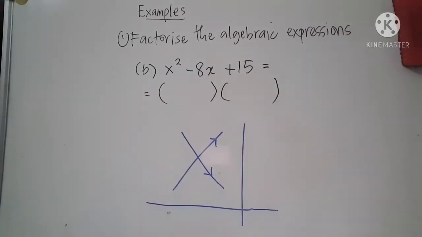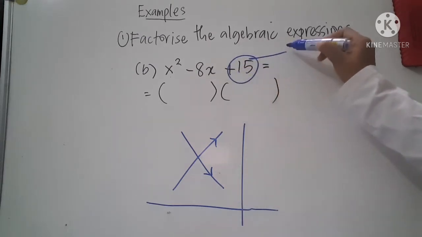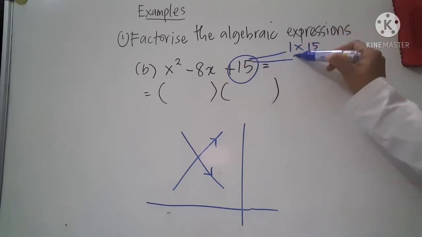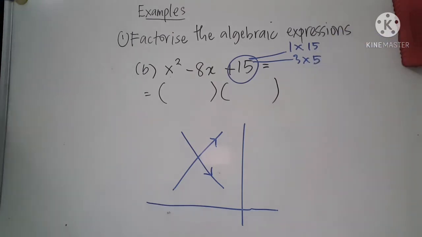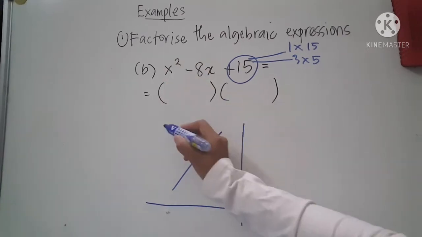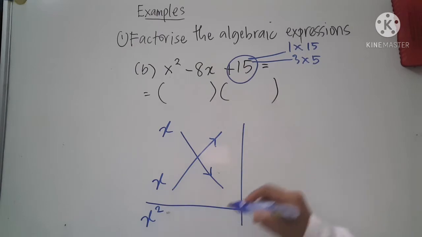Okay, the next one is factorize x squared minus 8x plus 15. Now this 15 we can get by 1 times 15 or 3 times 5. For the x squared, x times x, we have x squared.